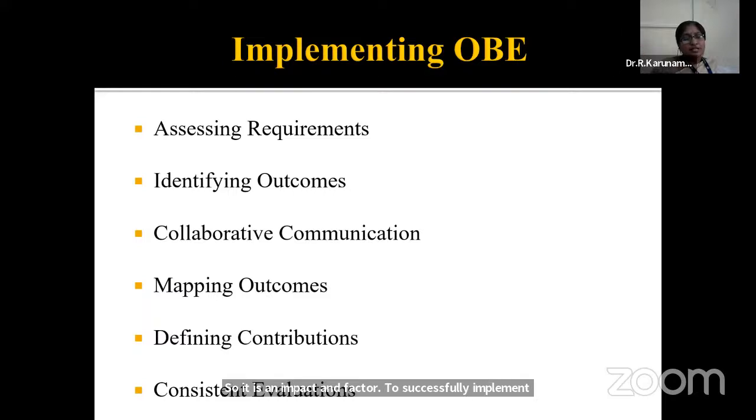It involves getting feedback from students at every stage of education. For example, when the content is delivered, when the tests are being conducted, when activities are being allocated, at all levels, feedback can be collected from the students.